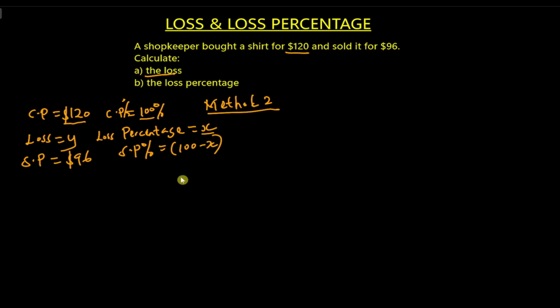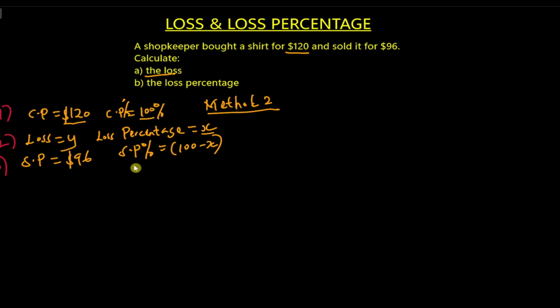Now knowing this one, so we have three things. The first one is the cost price, second one is the loss, and then the third one is the selling price. Now, you know the cost price and you know the selling price. You also know the cost price percent.